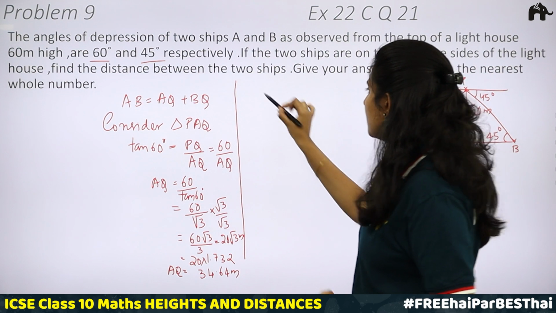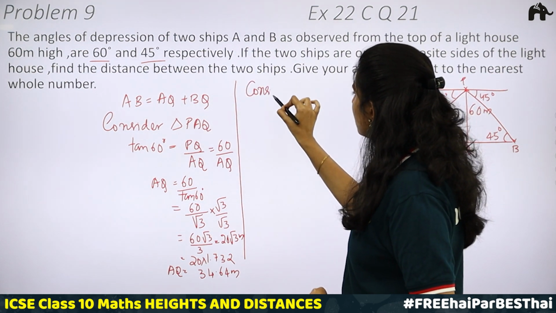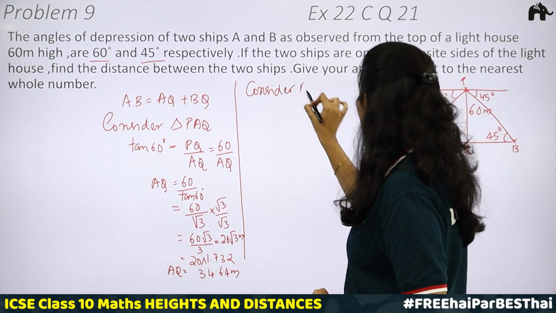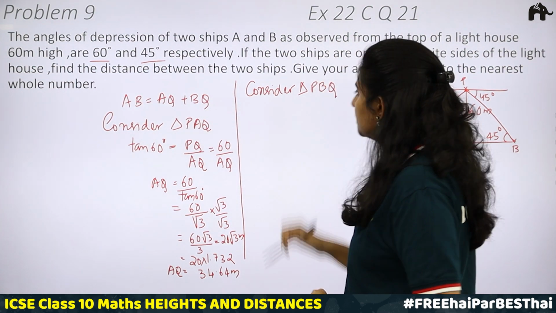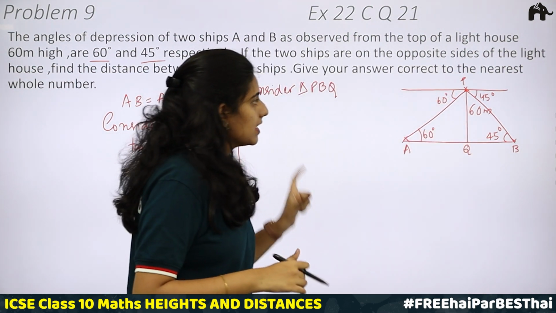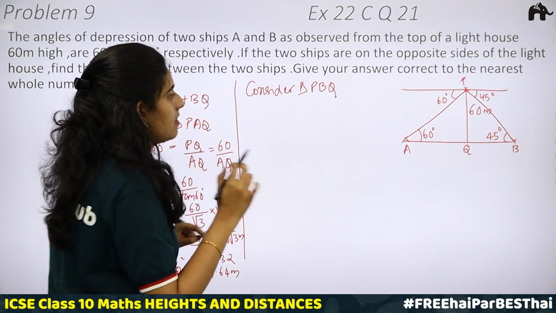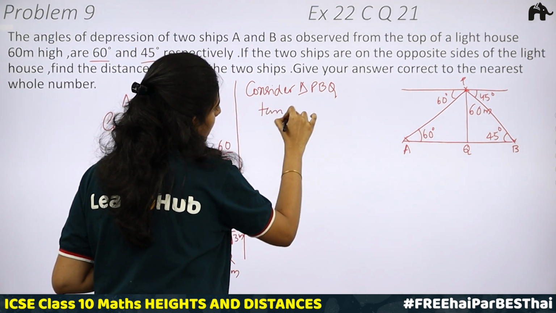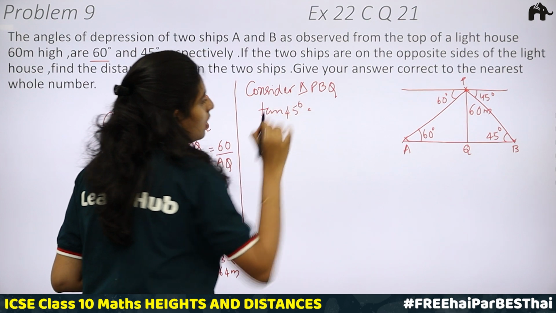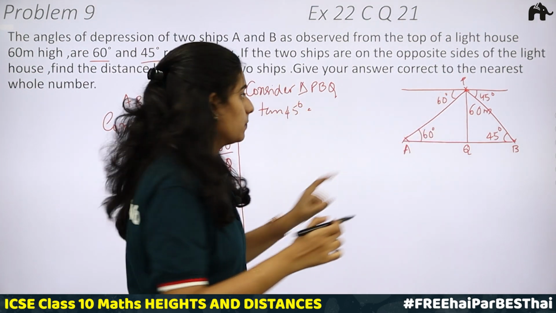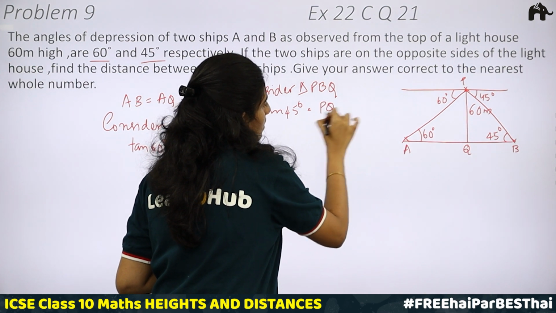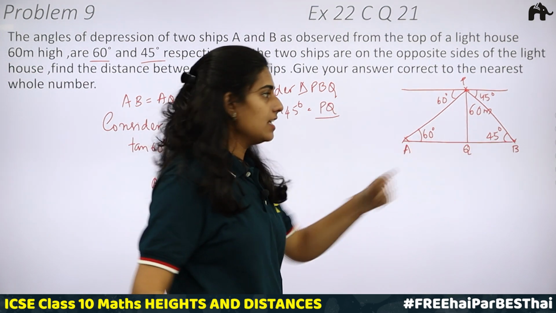To find BQ, consider triangle PBQ. We'll have tan 45 degrees is equal to opposite side by adjacent side. Here opposite side is PQ divided by adjacent side BQ.